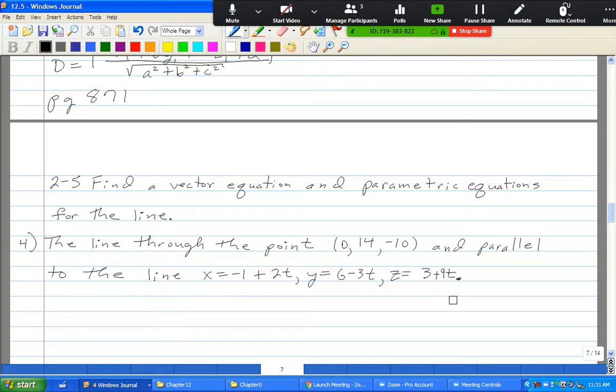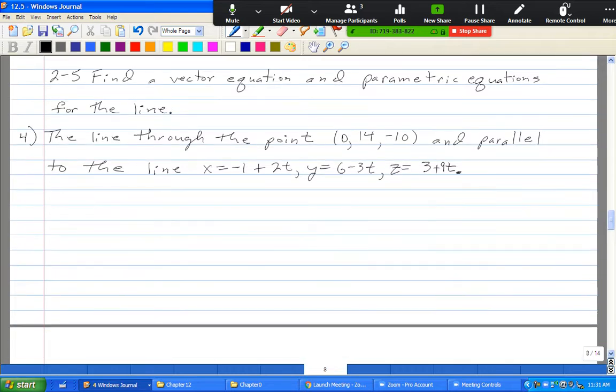So it says to find the vector equation. So my vector equation was r, the vector r, equaling the vector r sub 0 plus t times the vector v.